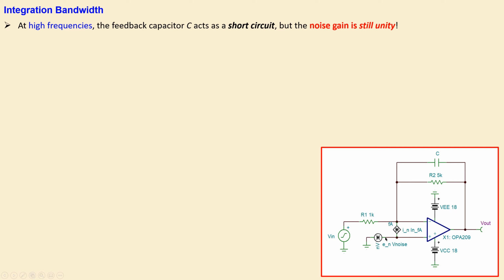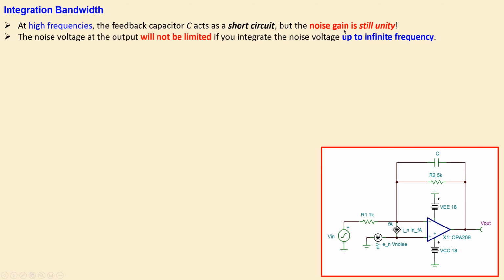But since the noise source at the input is at the non-inverting input of your op-amp, the noise gain is still present, and in this case it is unity, so it is a unity gain feedback. That is a very important part, because at high frequencies you still have noise gain, so the noise voltage at the output will not be limited if you integrate the noise up to infinite frequencies.